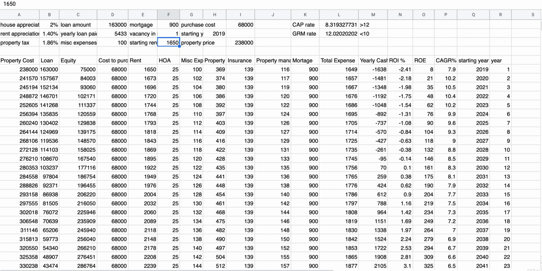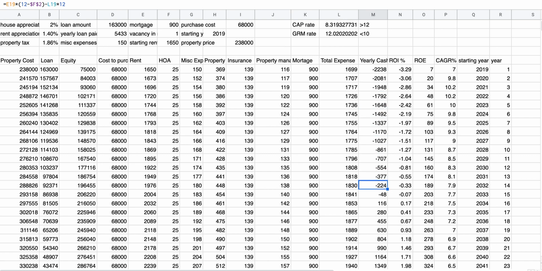And of course the expenses will go up, but let's assume they are similar. In this case you see that the cap rate is like 8, which should be close to 12, and the GRM rate is 12, which should be less than 10. And we see that the cash flow of this property is that it's going to lose $2,000 on a yearly basis for the next many years.